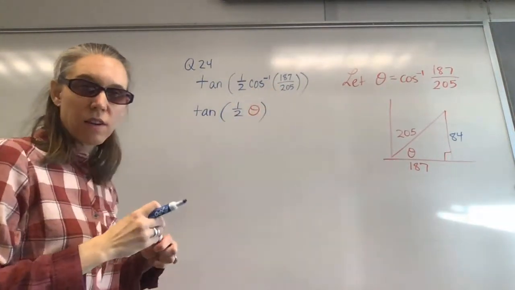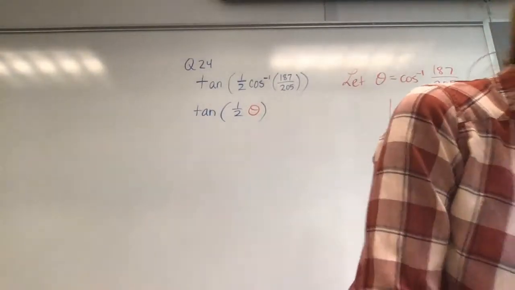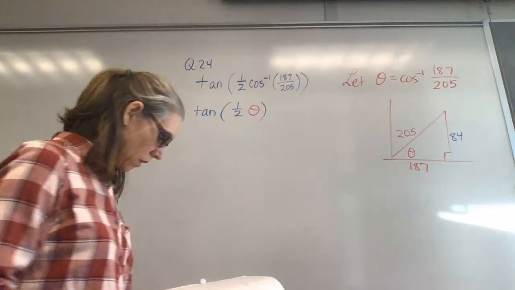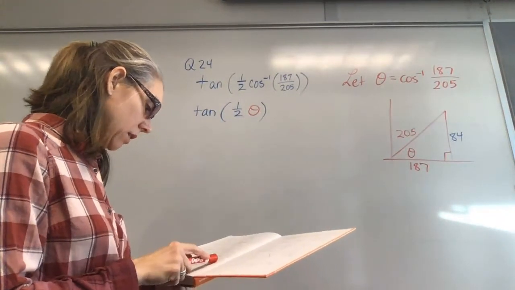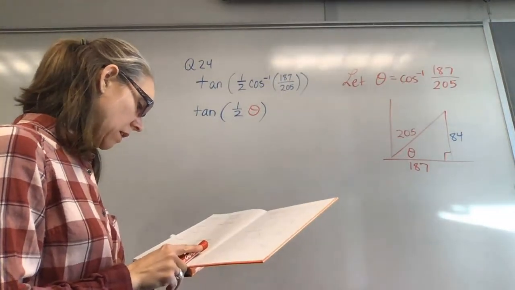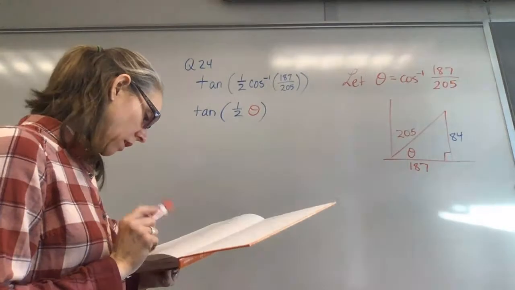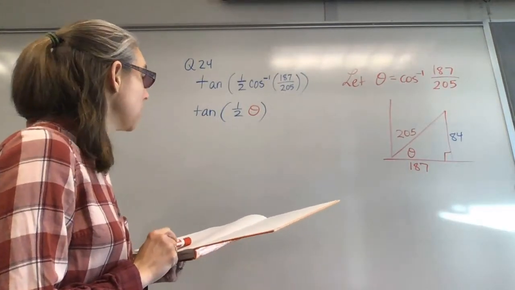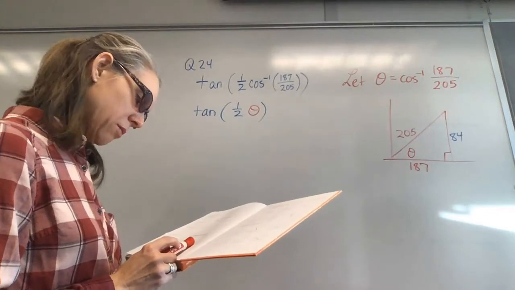So now I need to find the tangent 1/2 formula. Tangent 1/2 formula. I have 3 of them to choose from. Considering that one of them has a square root, I think I'll avoid that one. And otherwise, it really doesn't matter, except that it's better to have a denominator that's probably more simple.